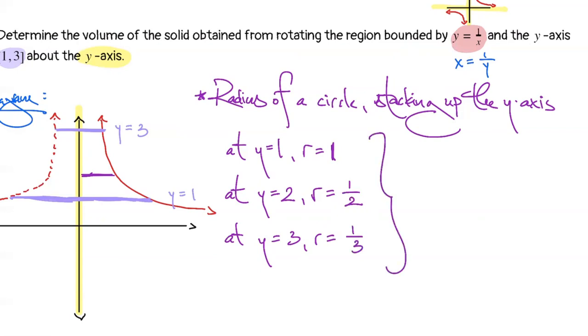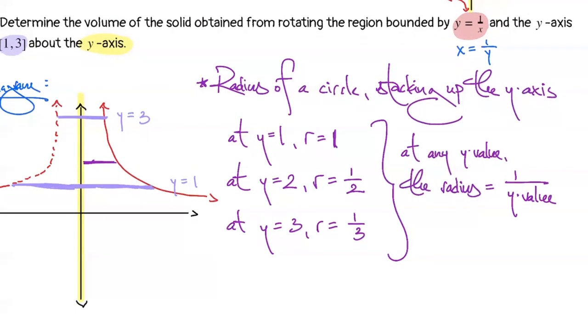And so we could say in general, at any y value, the radius equals 1 over that y value, okay? And this radius is an x value, okay?